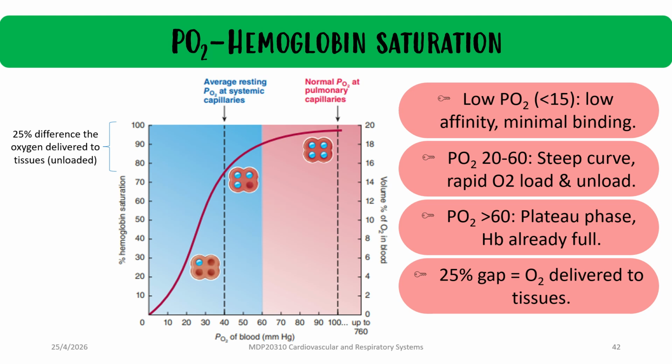So this 25% difference is the amount of oxygen released to the tissues by the hemoglobin, and this is known as the functional oxygen delivery, which is the amount of oxygen needed by the tissues. The remaining 75% of hemoglobin with bound oxygen will be circulated and refilled at the lungs.